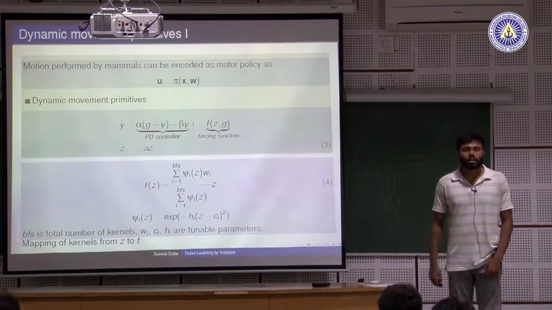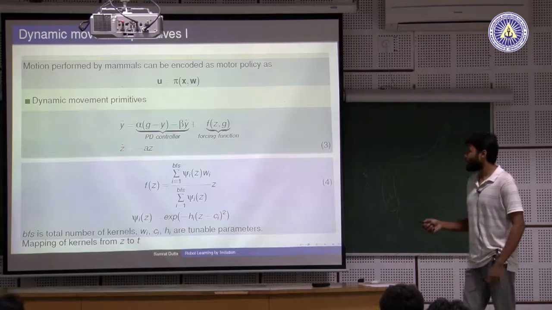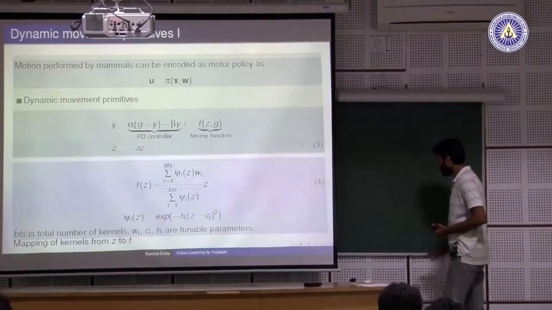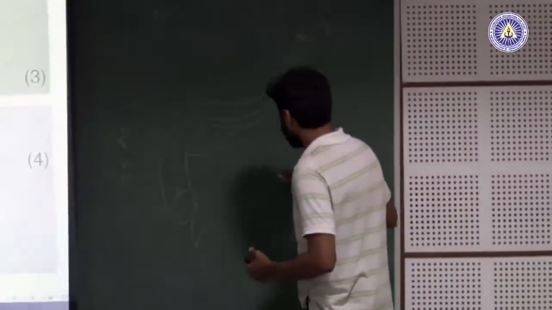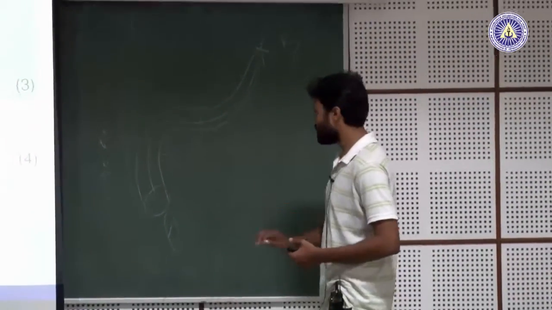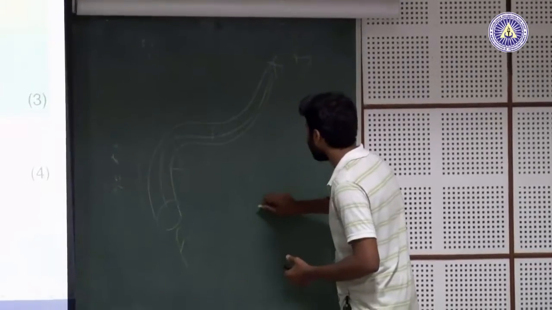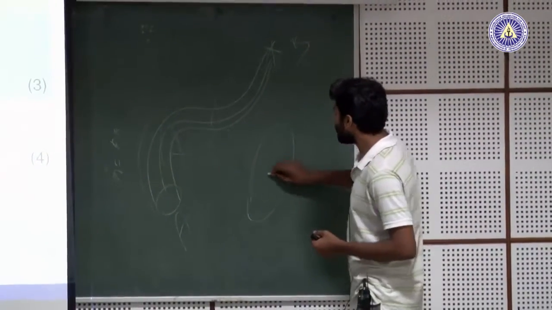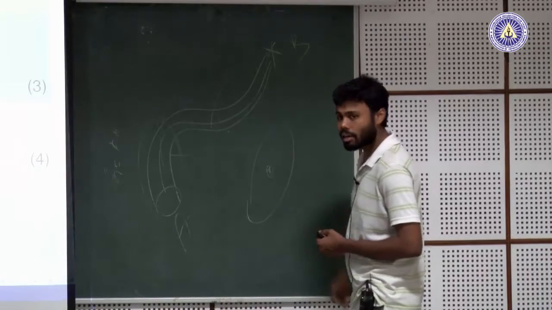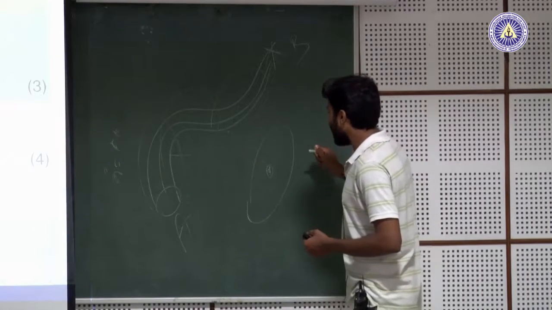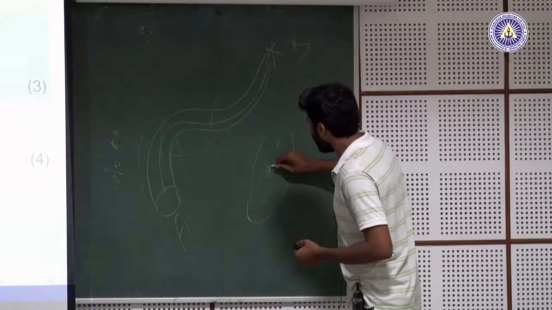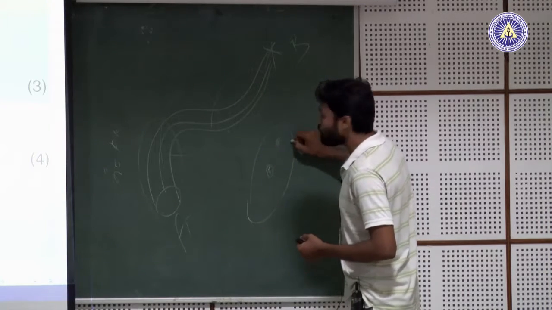What do you mean by fired? Suppose I am drawing this model over here, and this is the center of my model. Now when the time is here, I am at the end of this model.